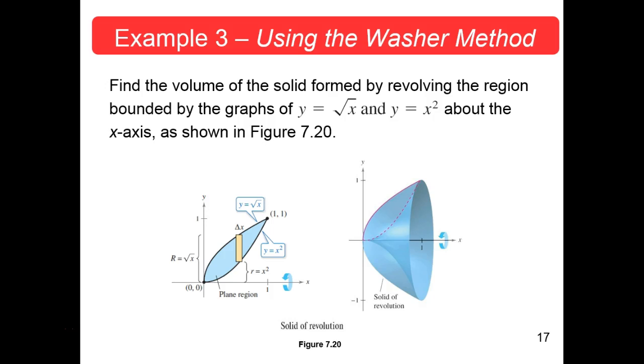Now, why didn't we extend past 1? Because past 1, this one is greater than this one, okay? Then you would be subtracting in the reverse order. Why didn't we extend this side of 0? This is a completely different reason.